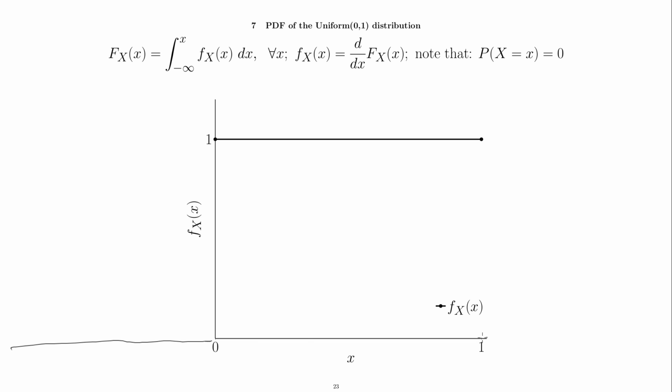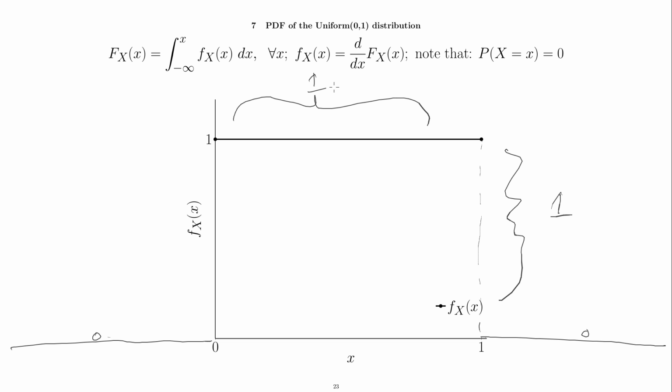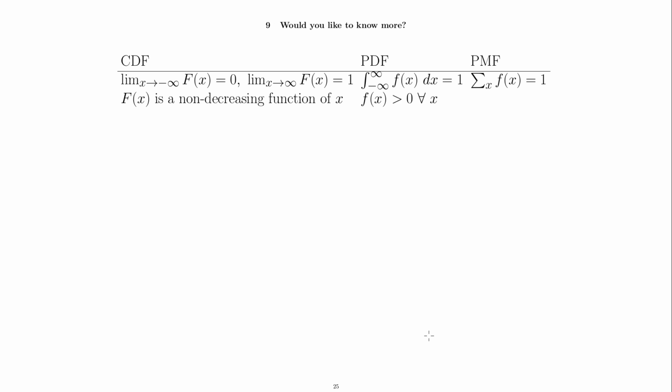Everywhere outside of this interval from 0 to 1, it's equal to 0. So all we have to do is multiply. This distance is 1, this is also 1, so we end up with 1 times 1 equals 1. And this is satisfied.